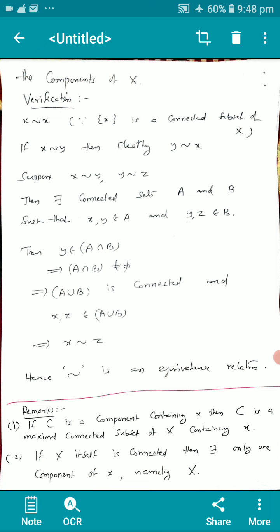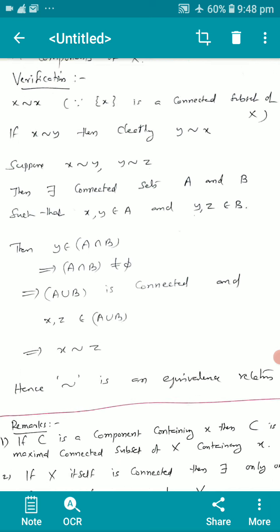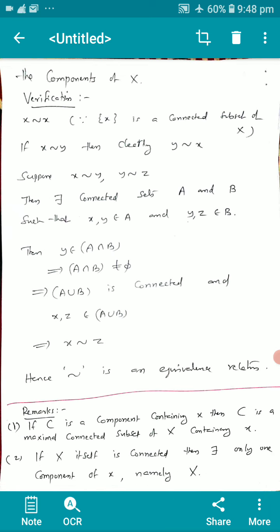Then there exist connected sets A and B such that x, y are elements of A and y, z are elements of B. Then y is an element of A intersection B. That shows that A intersection B is not equal to the empty set, so A union B is connected and both x and z are elements of A union B. That shows x tilde z. Hence transitivity is true and tilde is an equivalence relation.